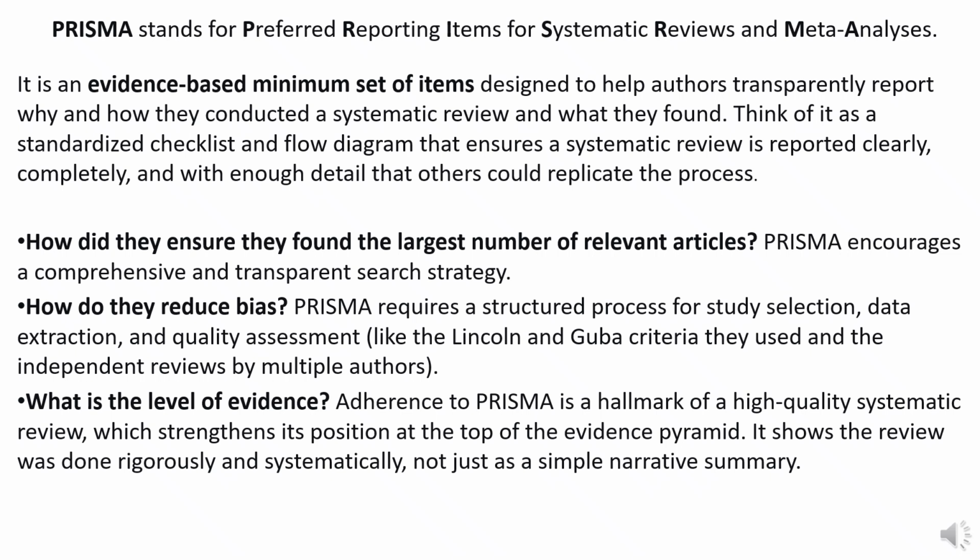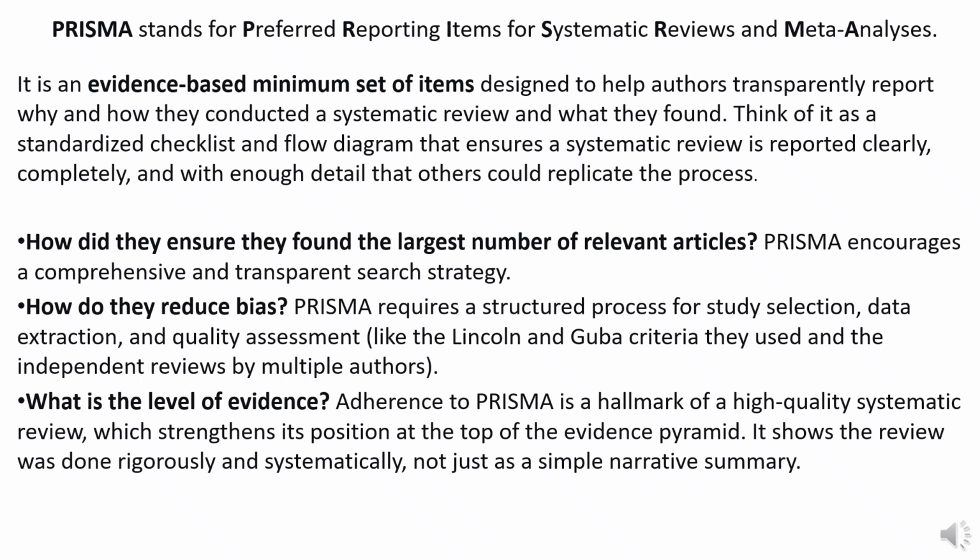Think of it as a standardized checklist and flow diagram that ensures a systematic review is reported clearly, completely, and with enough detail that others could replicate the process. When the authors state they followed PRISMA guidelines, they are signaling to the reader, and to you, the student analyzing the paper, that their review was conducted according to the highest, internationally accepted standards for this type of research.